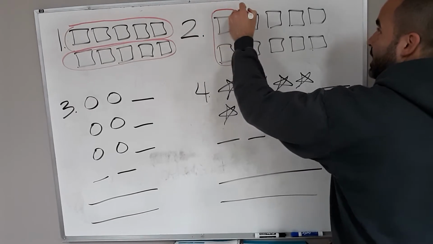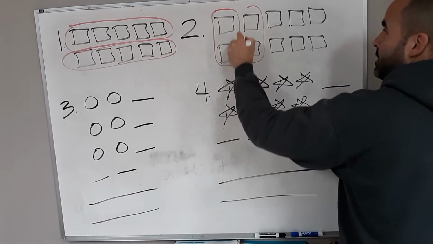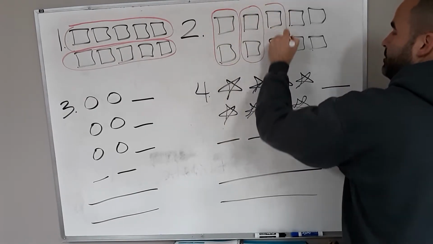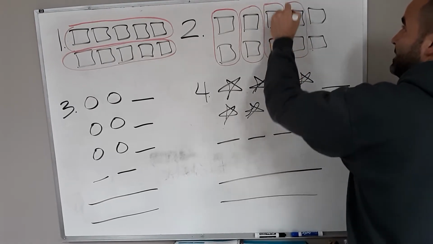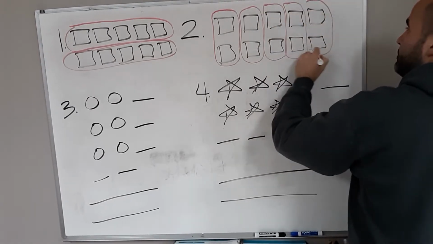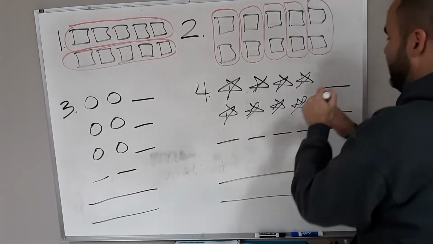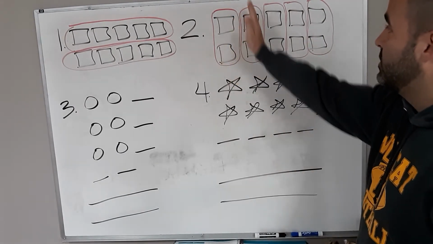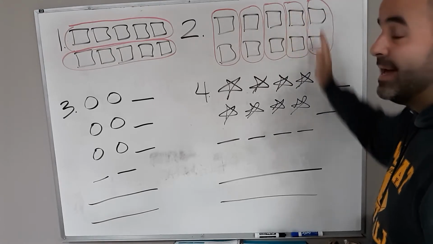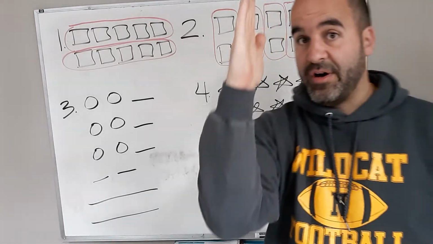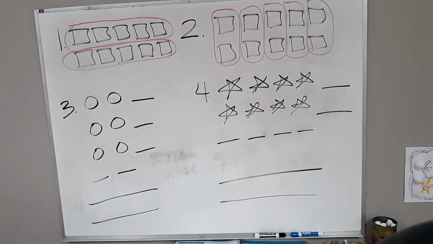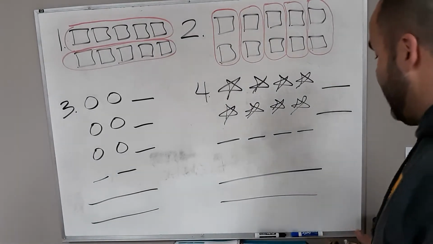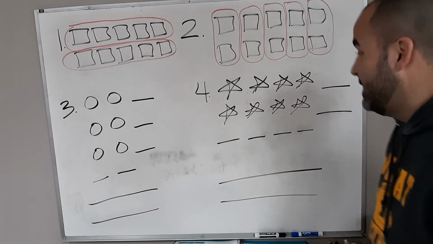And there's one column. There's a column. There's a column. And there's a column. And how many columns do we have? 1, 2, 3, 4, 5. 5 columns. 5 that are going vertically. Those are columns. Okay? So, now we can take a look at some arrays.